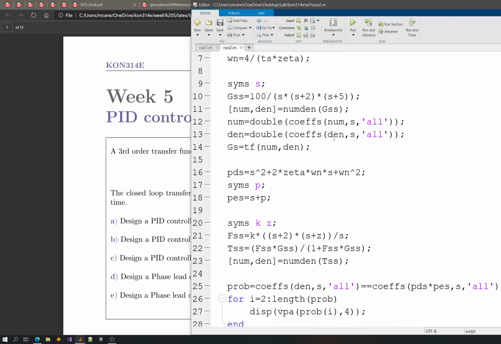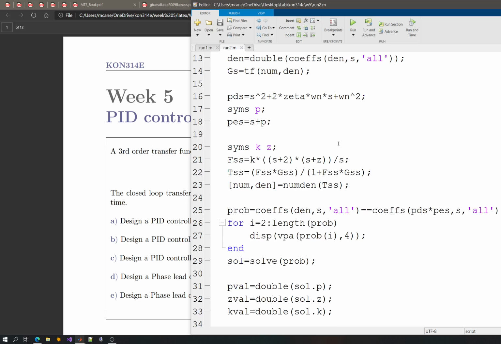Now, I'm not going to define this as this, but as I've mentioned earlier, I will use kd times s squared plus kp times s plus ki. And naturally, my parameters are not k and z. They are kp, ki, and kd. So basically, the PID parameters are kp, ki, and kd, and I'm looking for those parameters.